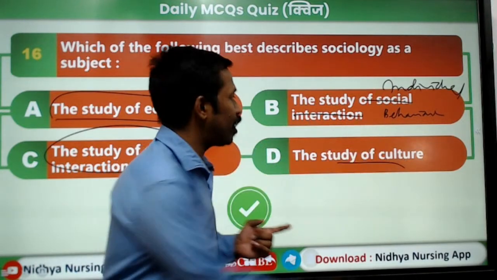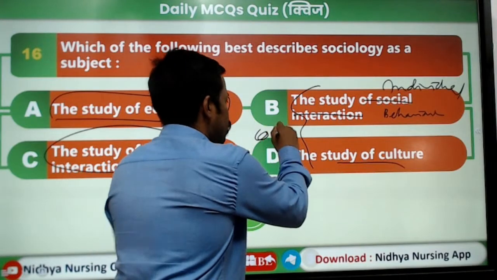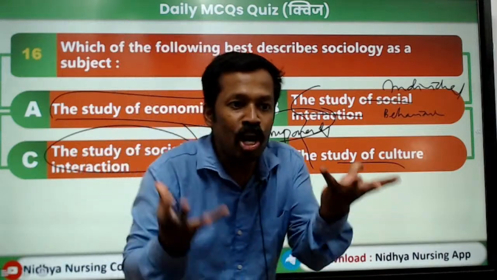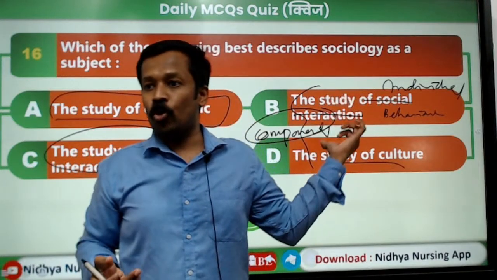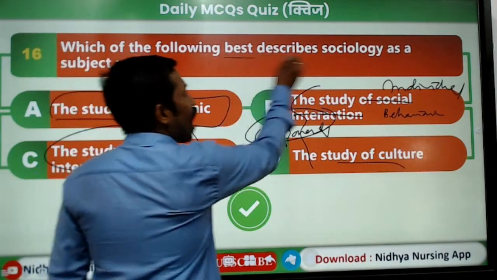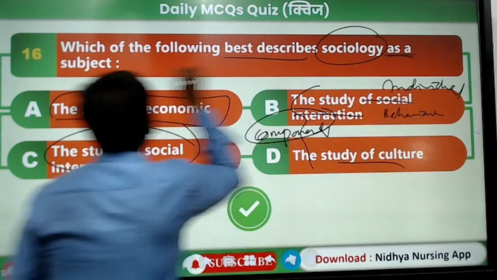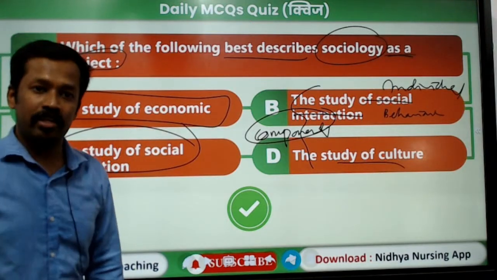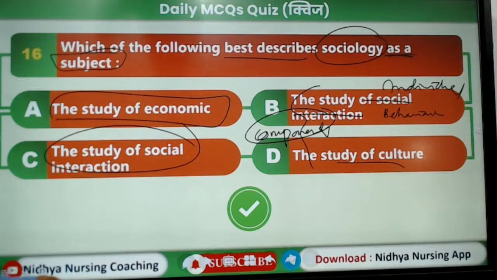But the question is, which of the following best describes sociology as a subject? The study of social interaction indicates it as a subject.